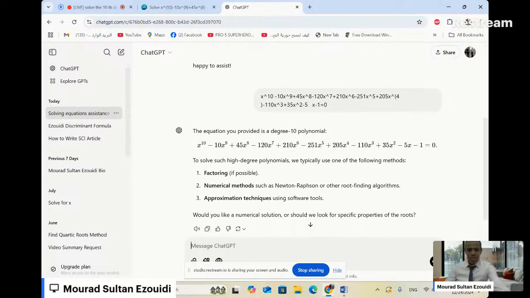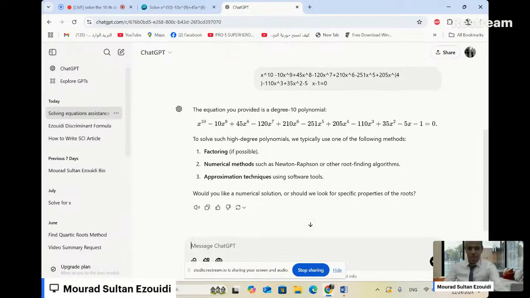Okay, such a high degree, numerical method. Not possible to apply this numerical method, not Newton, not the root finding algorithm. We can't do this. Okay, approximation technique. Do it, please, and give me the answer.